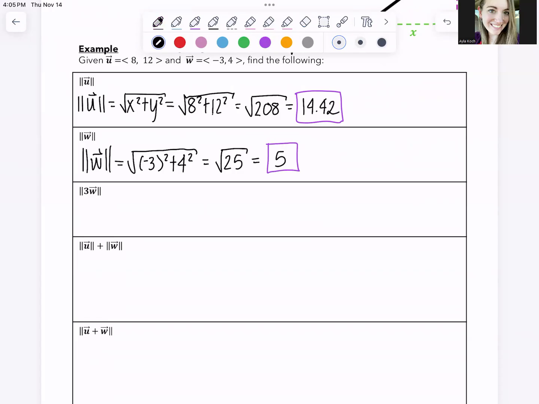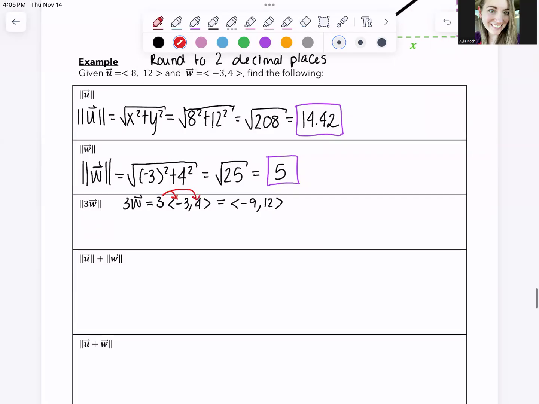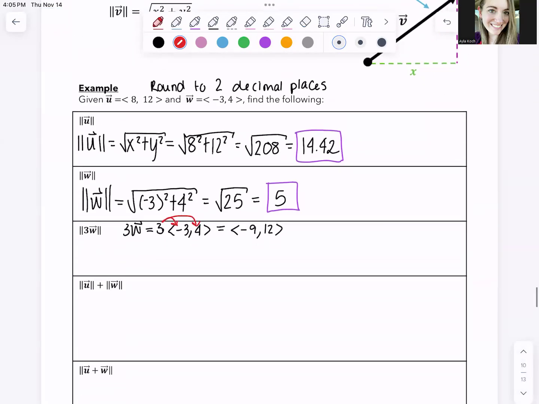The magnitude of 3w. First we need to find 3w, then we can find its magnitude. So 3 times w, which is negative 3 comma 4. Distributing that 3, we get negative 9, 12. So the vector 3w is equal to negative 9, 12.